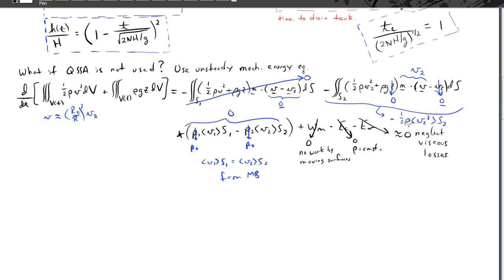And then finally, we can evaluate the kinetic energy term simply by integrating. This would actually become the integral from 0 to 2 pi, integral from 0 to R, and the integral from 0 to h of rho g z dz r dr d theta, writing that integral out using cylindrical coordinates.